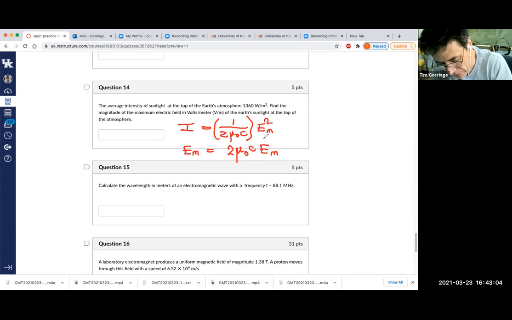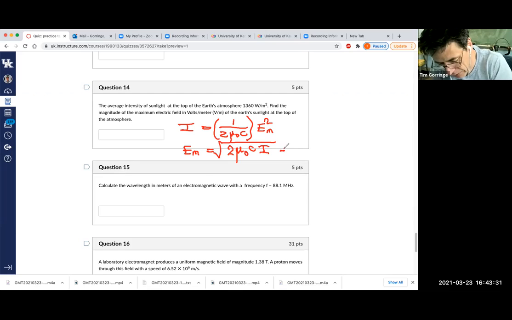And I'm going to take the square root to get the equation for the electrical field in terms of the intensity. And so that's this equation, just rearranging the relationship between intensity and electrical field.